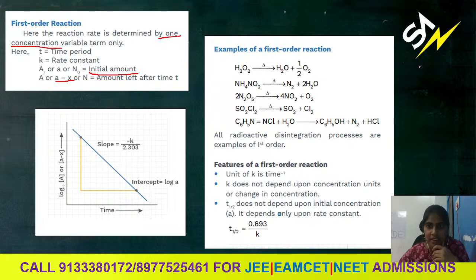Suppose we take a reaction from A to B. If the amount of A is a at time t equal to 0, since no reaction is happening, B is 0. At time t seconds, A is converting into a minus x.